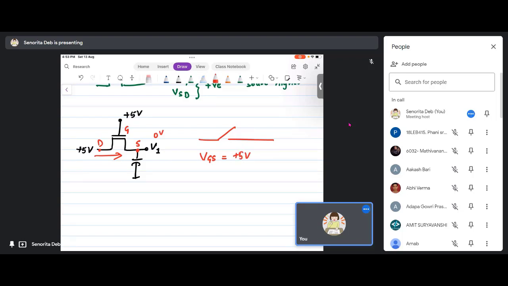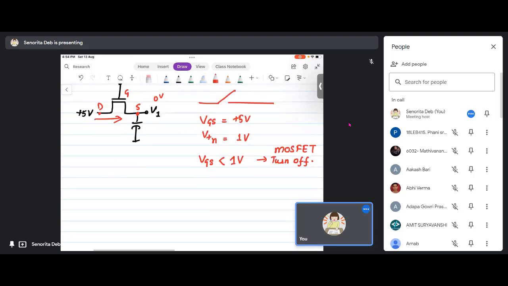Now this VTN is given as 1 volt, right? That means when VGS is less than 1 volt, this will turn off. The MOSFET will turn off, right? When VGS is less than VTN, MOSFET will turn off.